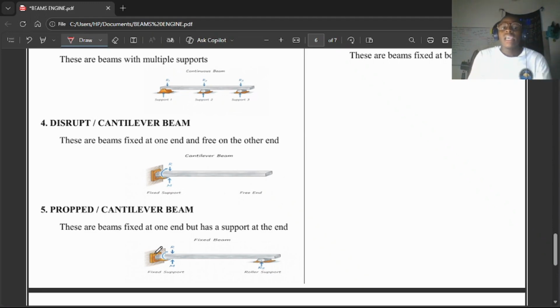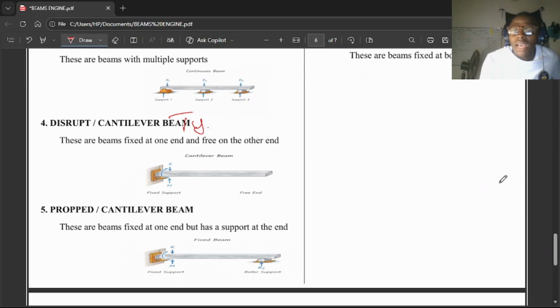Don't mistake your propped beam for your simply supported beam, because both beams have support at both ends. But what is unique about the propped beam is one end is fixed and the other end is placed with maybe a roller support or a hinge support. That's the difference.